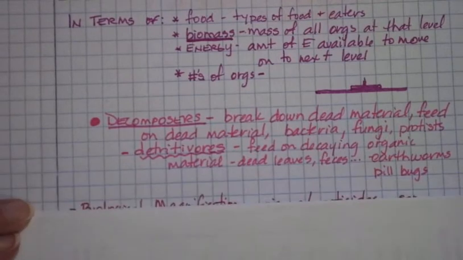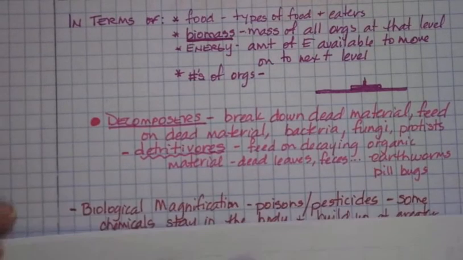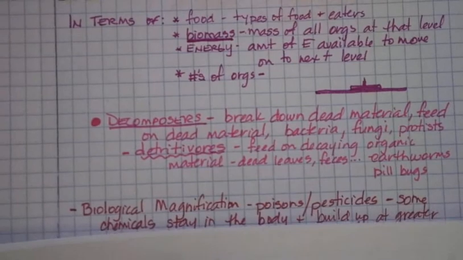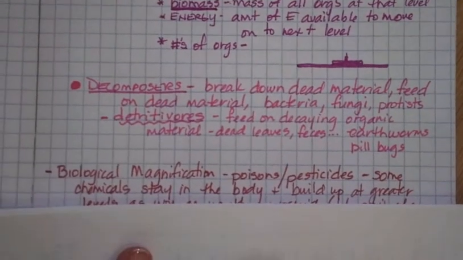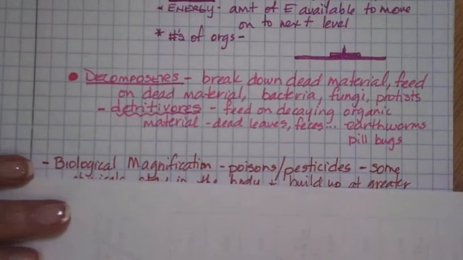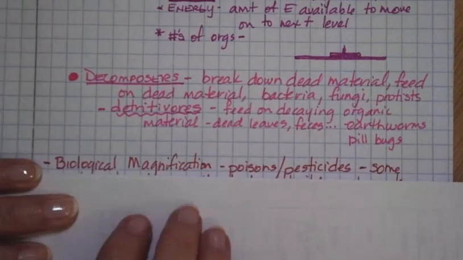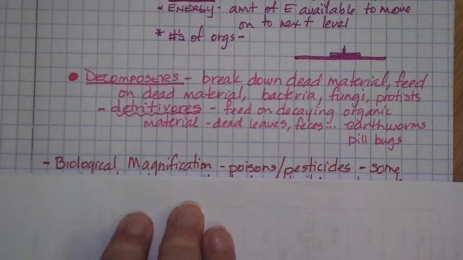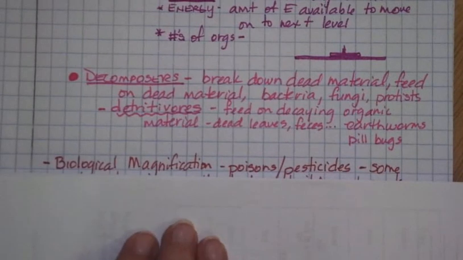And then the last thing we want to talk about in this section is biological magnification. And this is kind of a unique thing. Biological magnification is talking about the fact that when we humans put pesticides and poisons on our crops, we know that many of those poisoned crops are going to be eaten by insects anyway, and those insects ultimately will be eaten by birds.